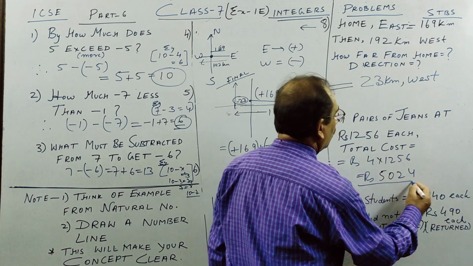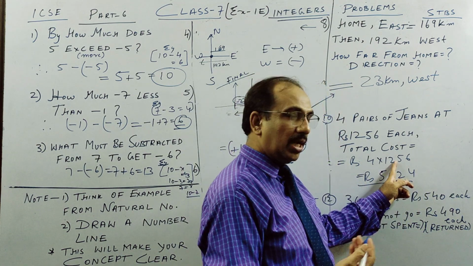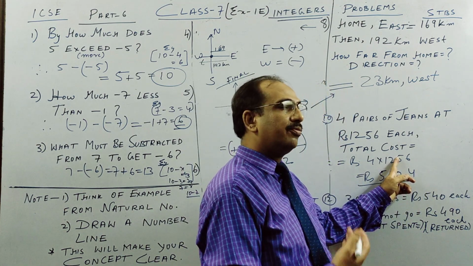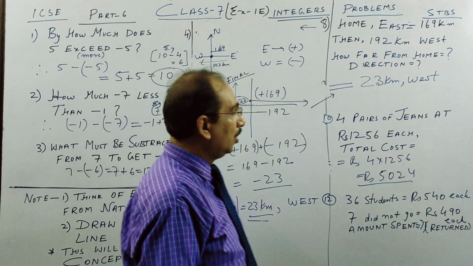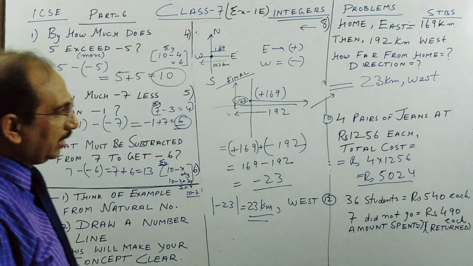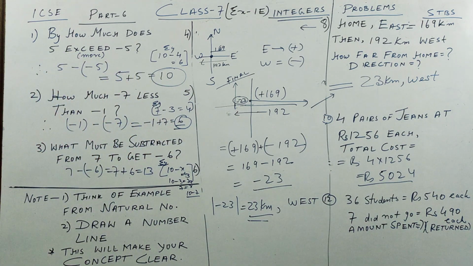So mental maths how I have done: I imagine this to be 1250. 1250, 4 times, gets 5,000, and 6 4s are 24. So your answer is finally 5024.